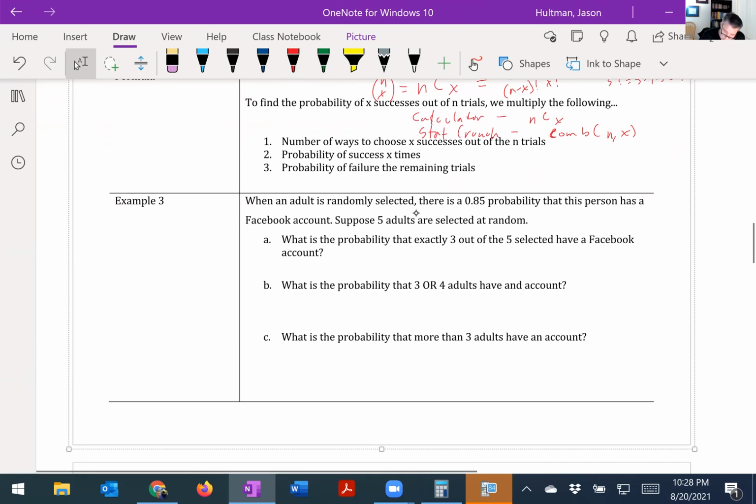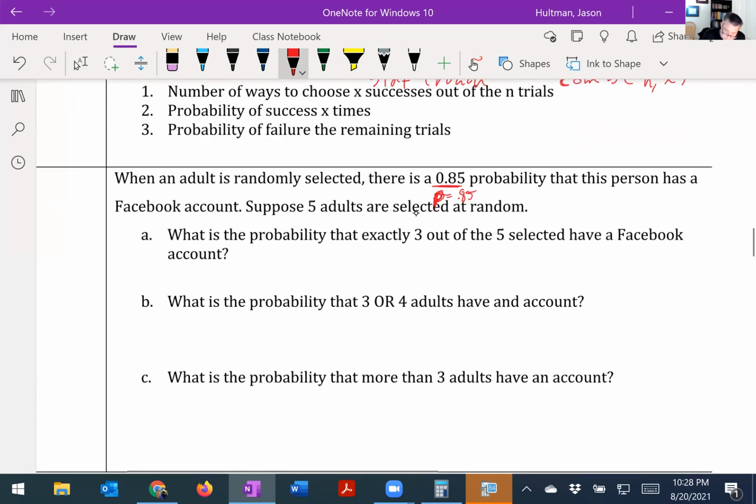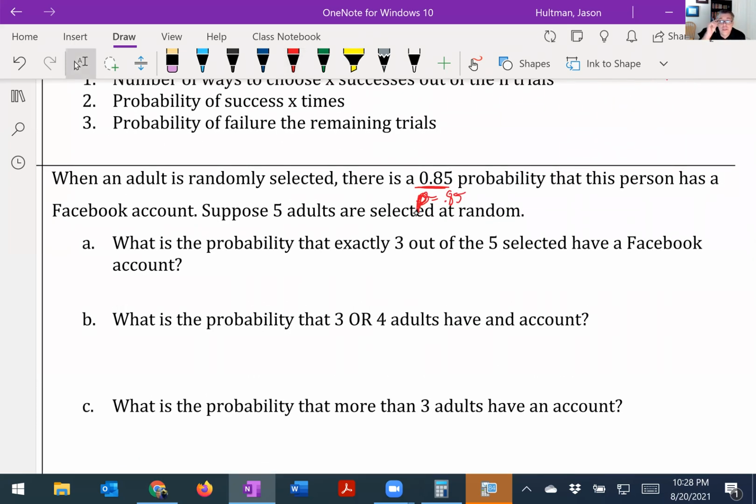So let's look at an example. When an adult is randomly selected, there is a 0.85 probability that a person has a Facebook account. Suppose 5 adults are selected at random. So there's our P: P is equal to 0.85.